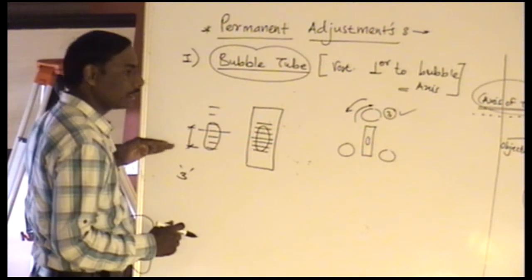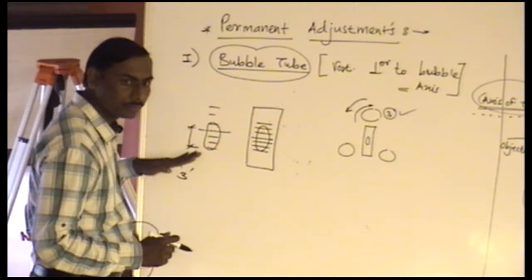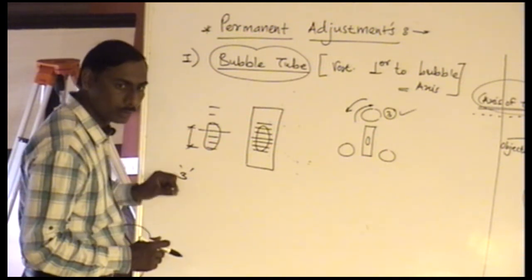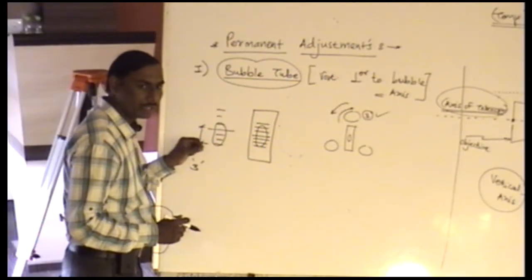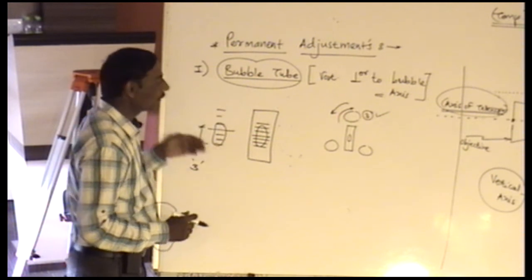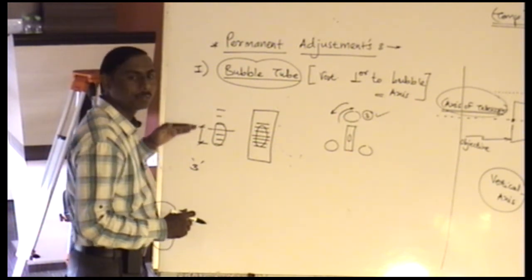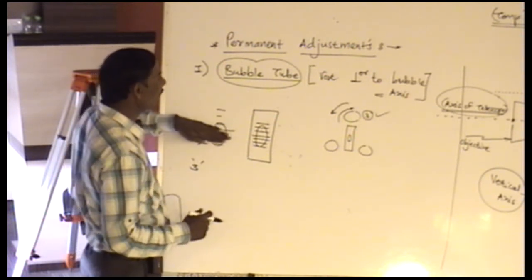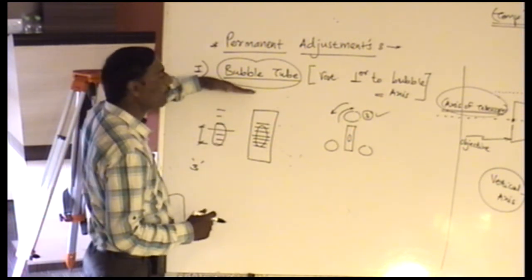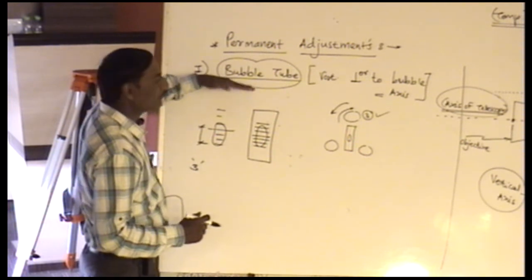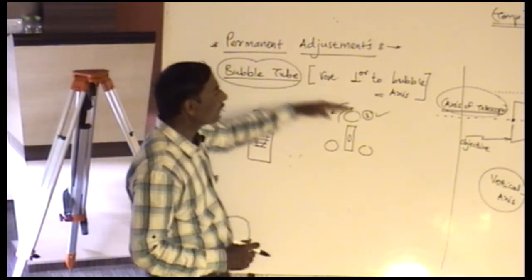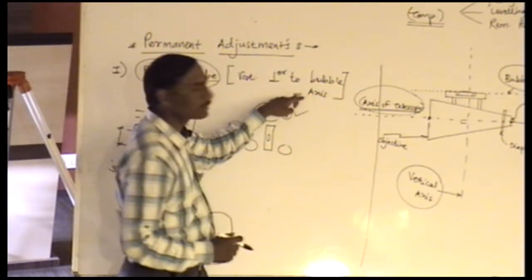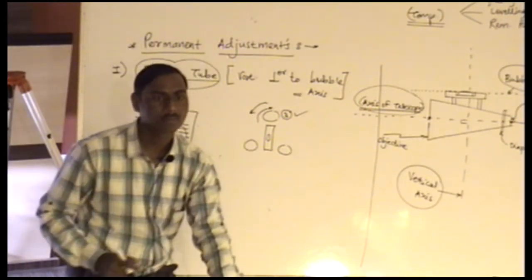Earlier it was 3. Now it will reduce to 1.5. Again that 1.5 will be done by 0.75 with the foot screw and 0.75 with the capstan screw. And this procedure is repeated till the bubble comes at the center. And this is for the bubble. So it is called bubble tube adjustment, which ensures that our vertical axis is perpendicular to the bubble axis. This is what that adjustment is.